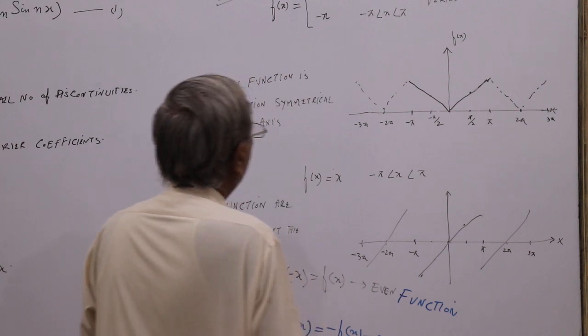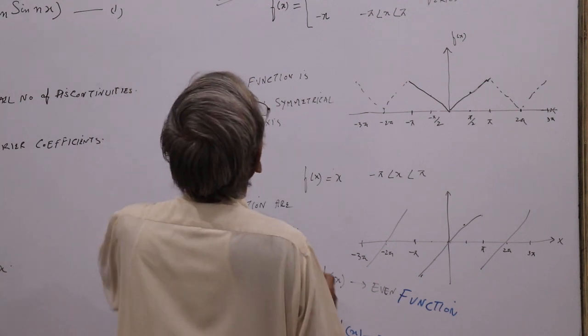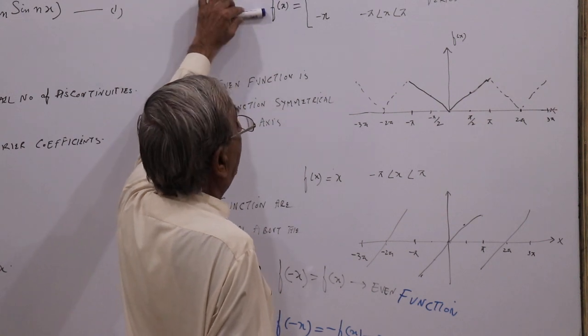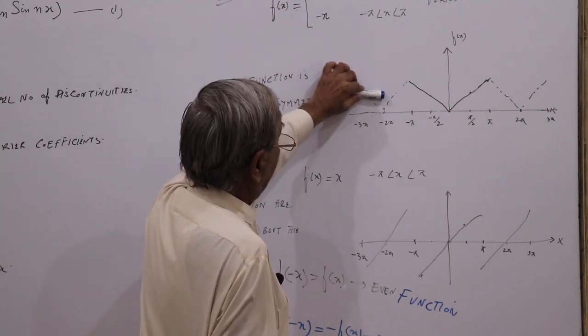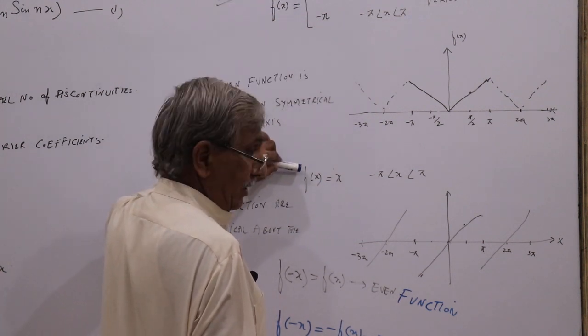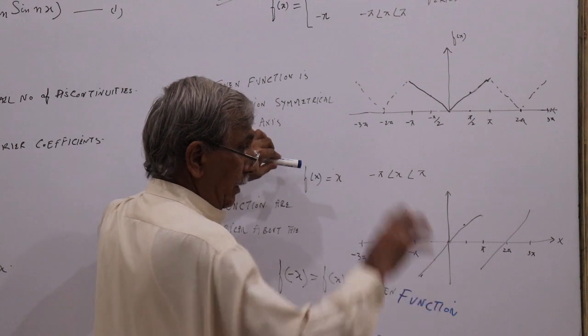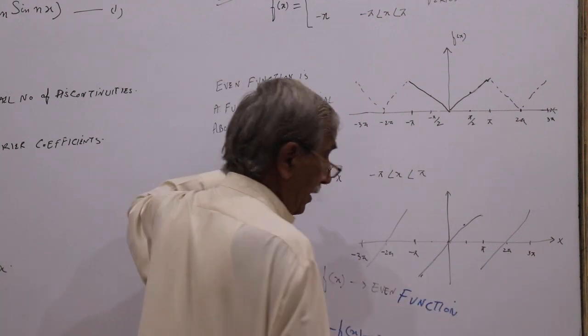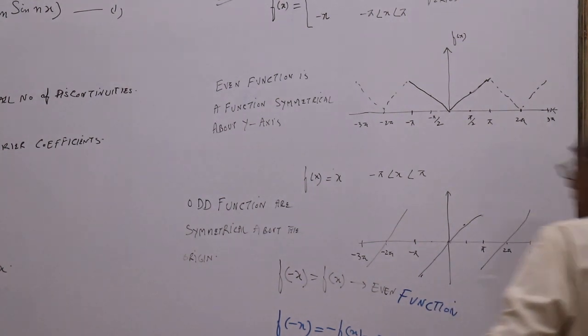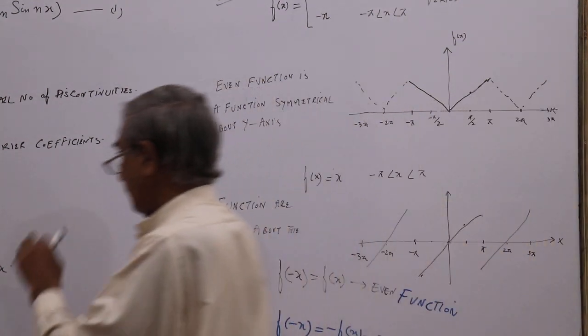Okay? So, if your function is given in this form, then this is an even function, and if it is given in this form, then that is an odd function. Now keep that evenness and oddness of the function in mind, and let's come to the Fourier series.